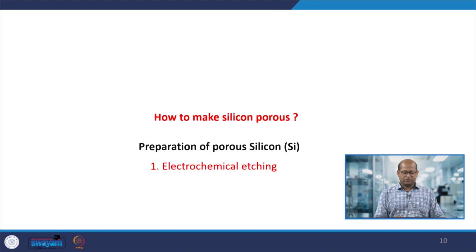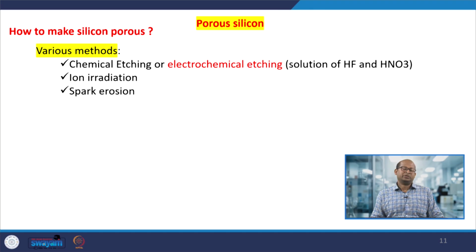Now the question is how we can make silicon porous, meaning how we can develop pores in that particular material. The electrochemical etching method is there, and that method we will discuss. There are other methods also, but out of those only electrochemical etching will be discussed.